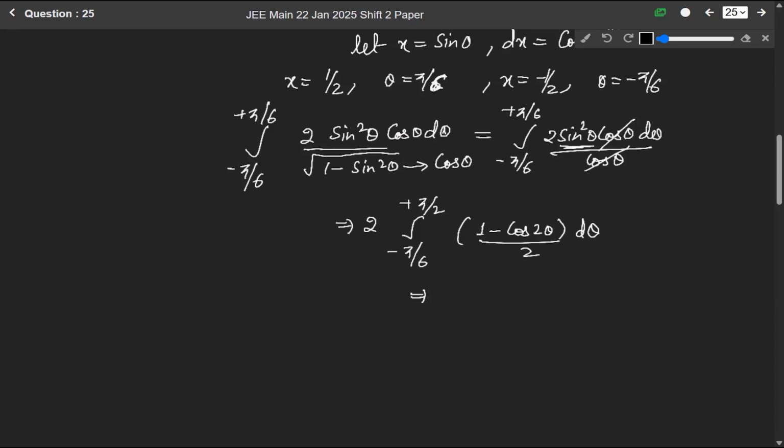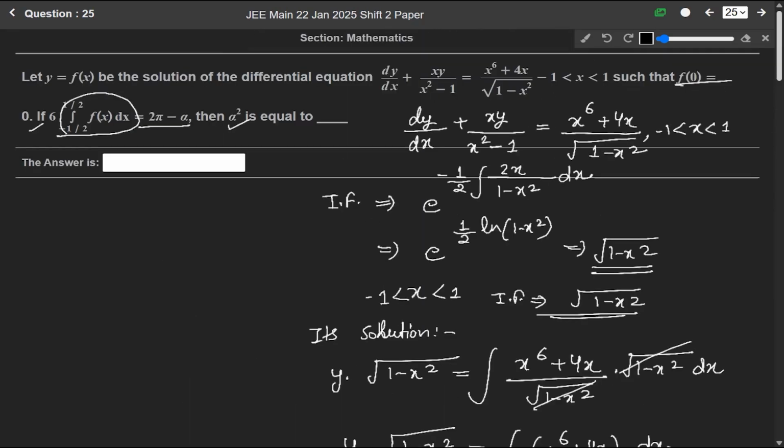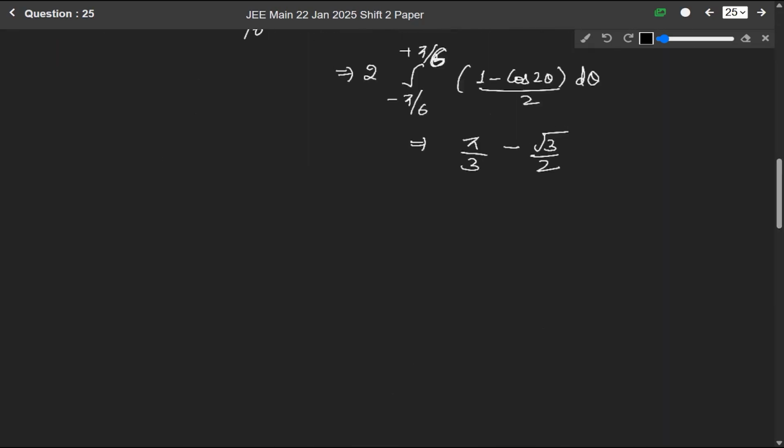So it will be theta minus sine 2 theta over 2, from minus pi by 6 to plus pi by 6. That gives pi by 3 minus root 3 by 2. Okay. So into 6 is also there. So into 6 means it will be 2 pi minus 3 root 3.